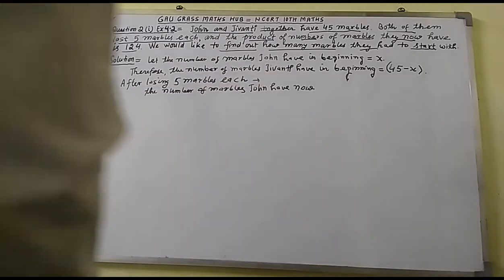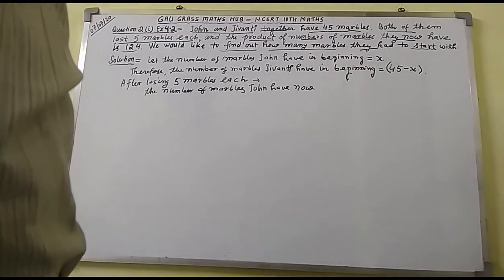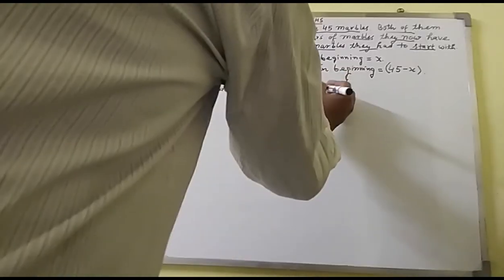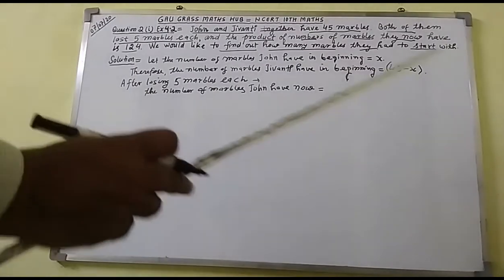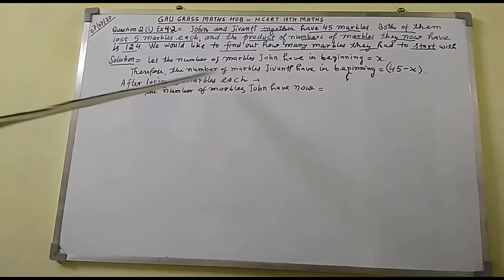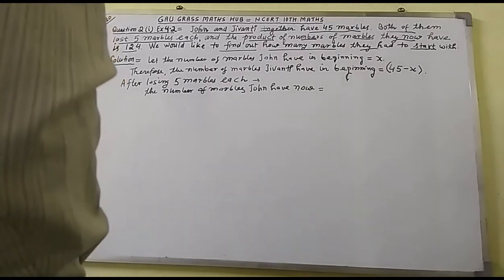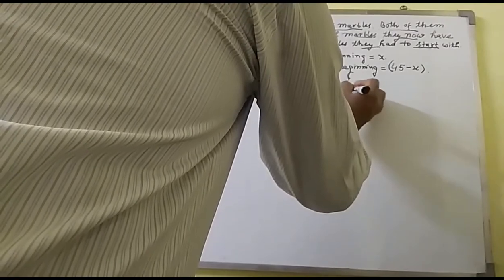Therefore, the number of marbles John will have now equals, in the beginning John has x marbles, but now he has lost 5 marbles. Therefore, the total number of marbles John will have equals x minus 5.